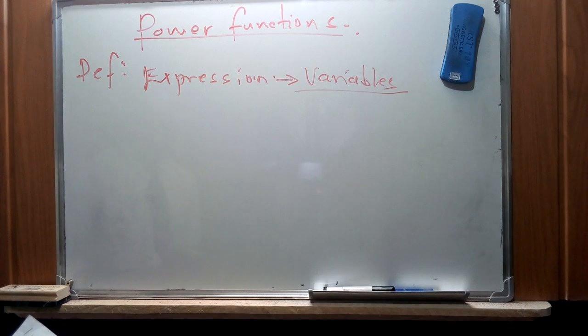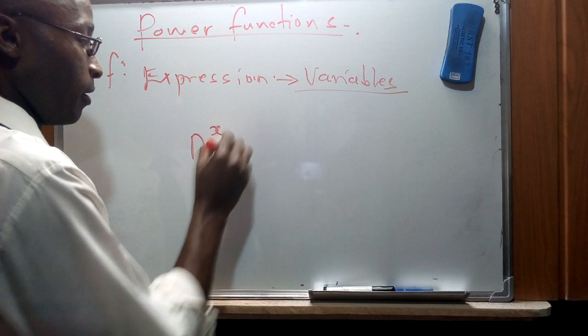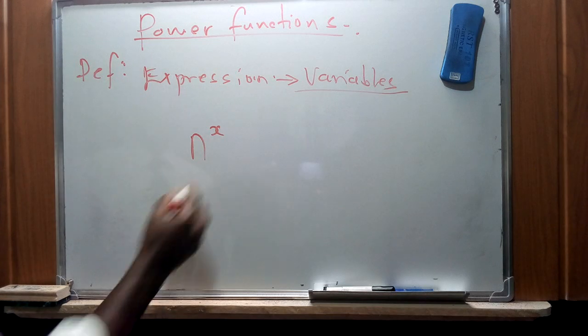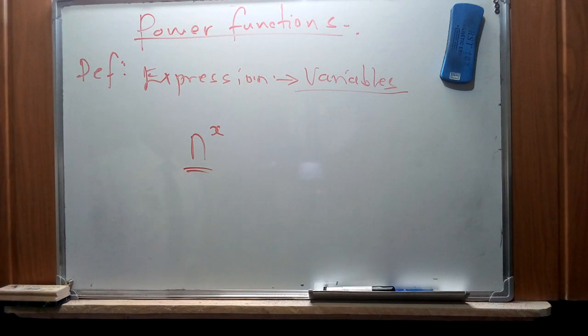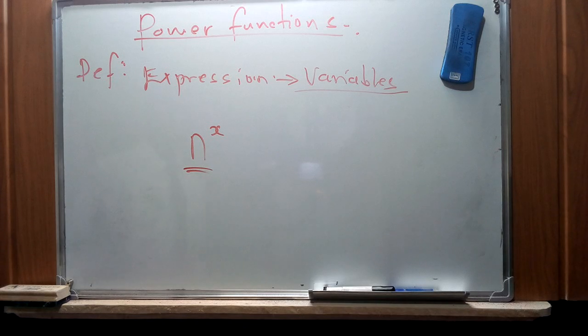So for power functions, these are functions where the independent variable occurs as an index or a power. In expressing a quantity as an index or a power, these numbers can be integers, so this one can be positive or negative.